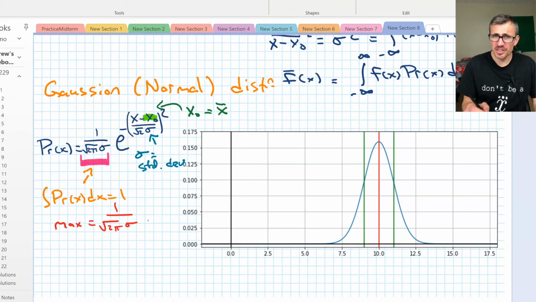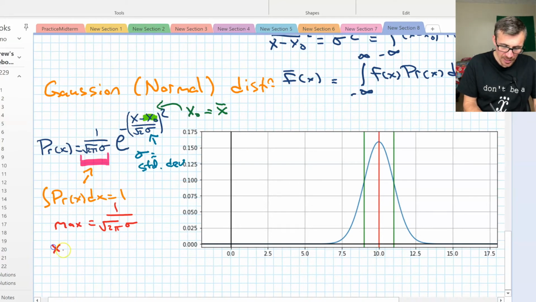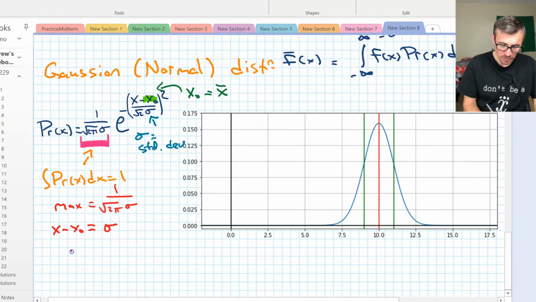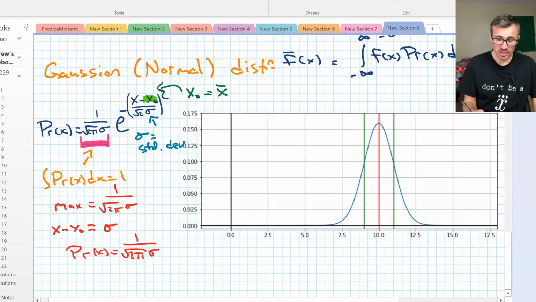So let's just think about that for a sec. When x minus x naught is equal to sigma, that's a characteristic distance, then our probability density falls by this much. We have our max value, that's just what we had before, and this x minus x naught is sigma, so it goes as e to the minus sigma over root 2, so it's 1/2.